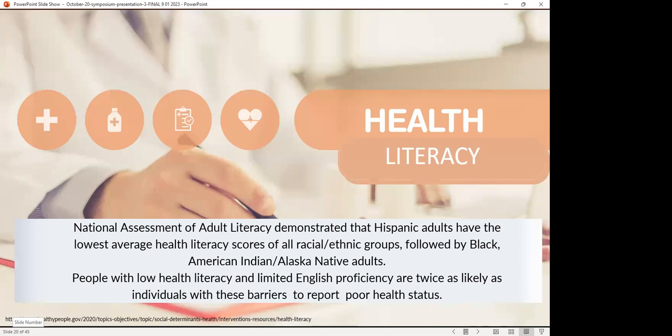And that can have impacts on health outcomes.